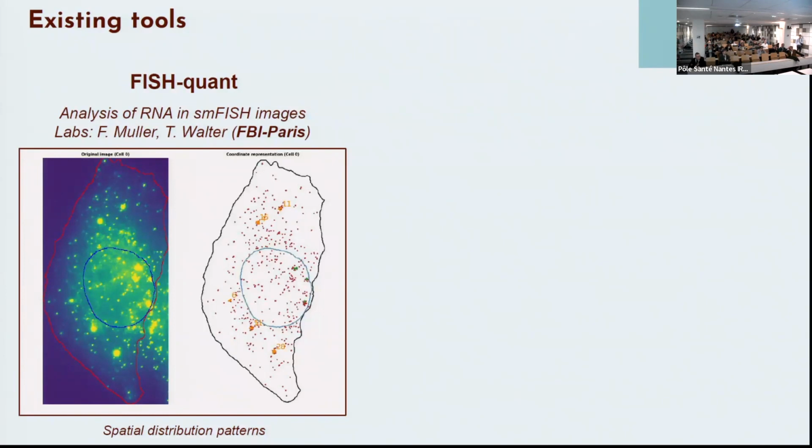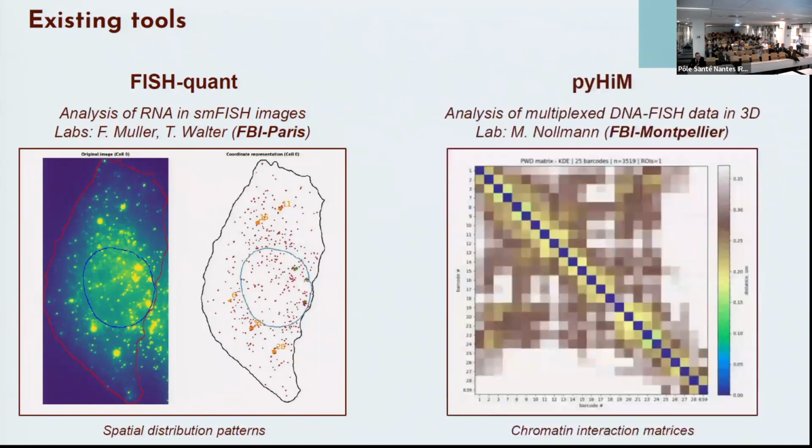So you can localize here the concentration. And the second is PolarIMAGING, for the multiplex DNA FISH data. PolarIMAGING will register 3D images, segment, and detect the DNA FISH signal to then build the chromatin interaction matrix to understand the structure of chromatin.